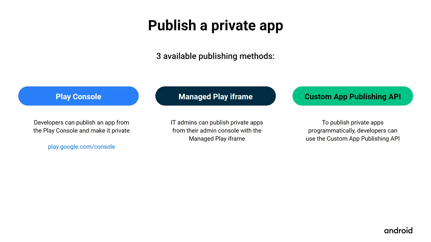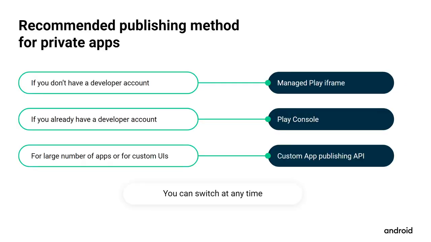Now, you may wonder which method you should use since they all give the same result. Here is our recommendation. If you don't have a developer account, just publish your app from the iframe. It's the simplest and quickest method. You can still create a developer account later on if you need to, and transfer your apps there. If you do already have a developer account and you have apps there, it makes sense to keep your developer account because it gives you access to more features like customizing your developer profile or using the API.